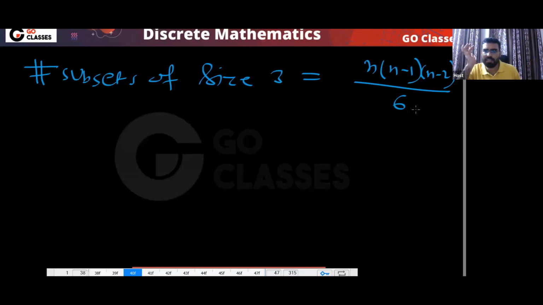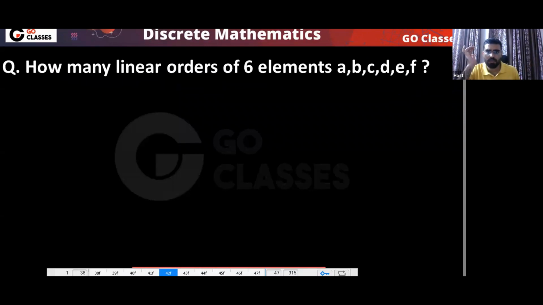Okay, another example: how many linear orders of 6 elements are there? Means these 6 elements, I want to put them in a linear order. Please don't say 6 factorial, we have not studied 6 factorial.